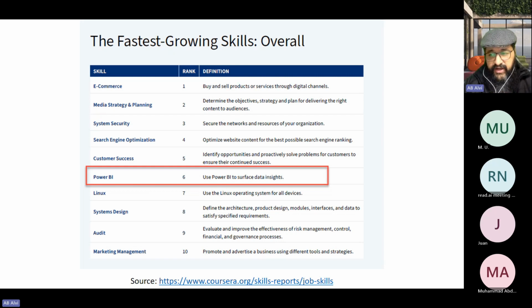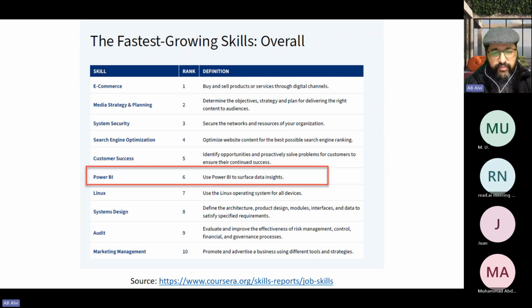Today I was reading an article, and I do not remember where, but the important thing was that out of the Fortune 500 companies, 97% are using Power BI for some kind of business intelligence.